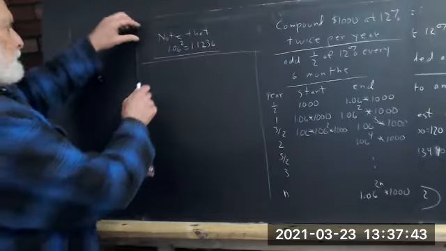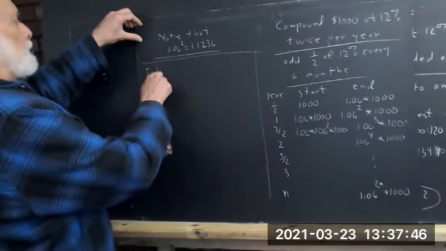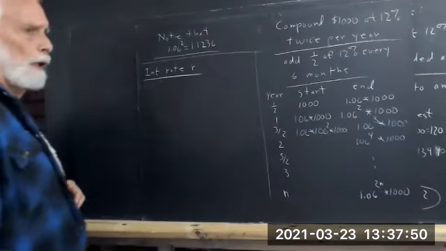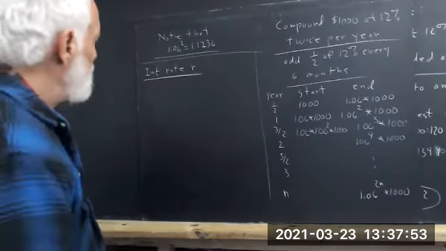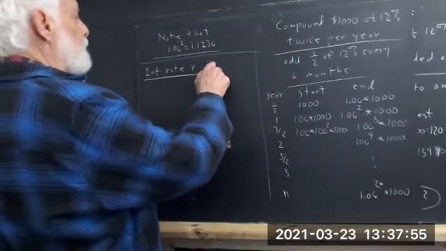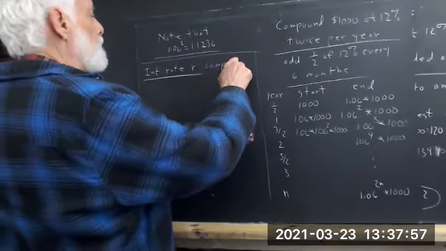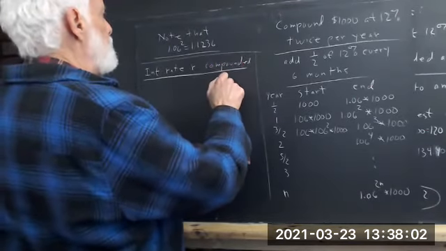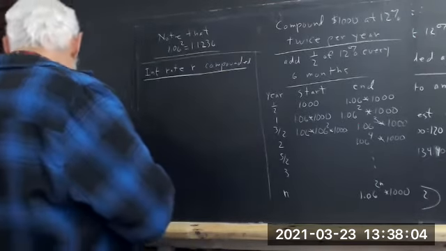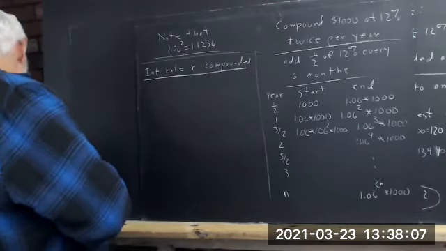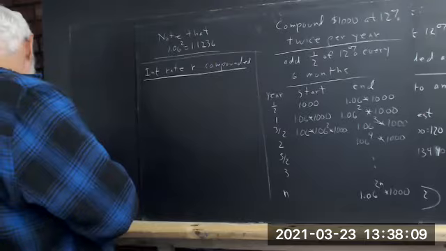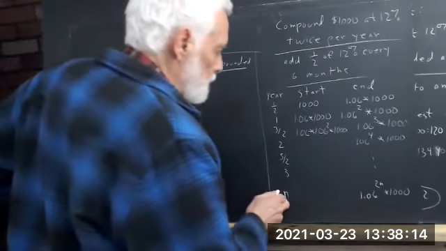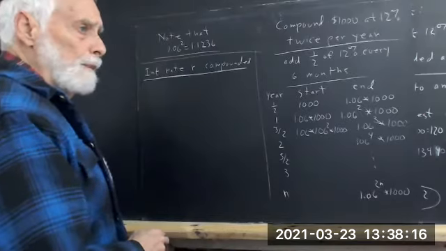Okay, well, this leads to the formula. Okay, so if you have an interest rate R, I'm getting in trouble because I'm using different letters than the book would.